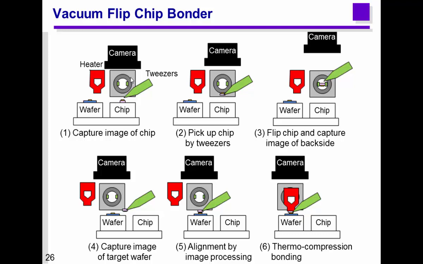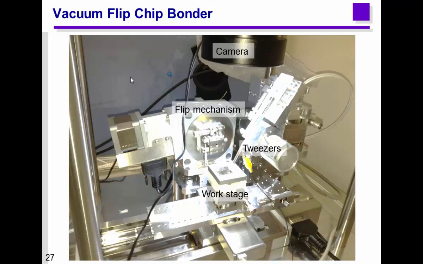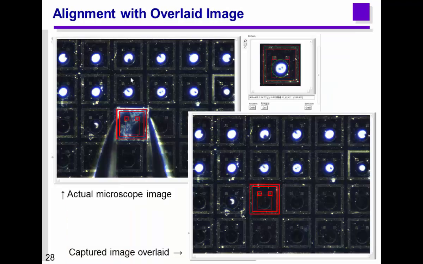In the vacuum environment, we cannot use a vacuum pin set. So the chip is handled like with tweezers. And this is flipped and then bonded to the wafer. And this is our device. And this is the demonstration. This is the FBAR chip. And then this was aligned using image processing and finally bonded.